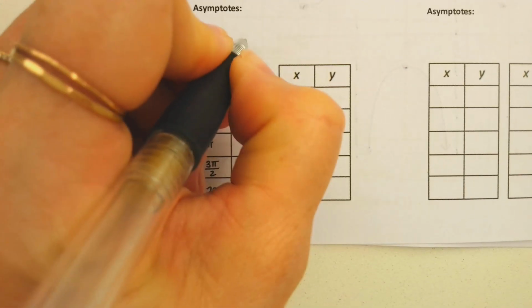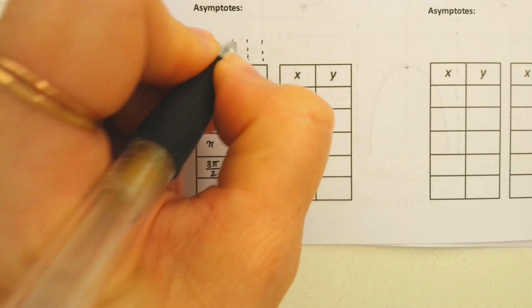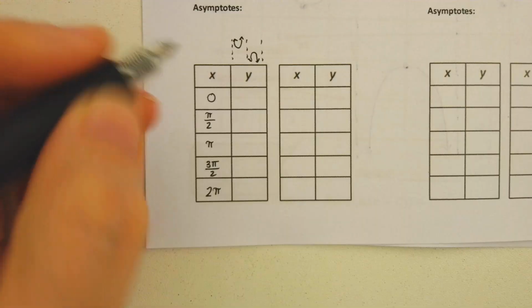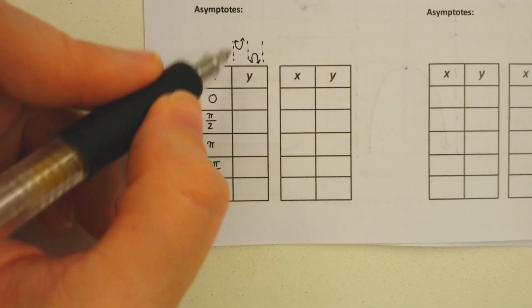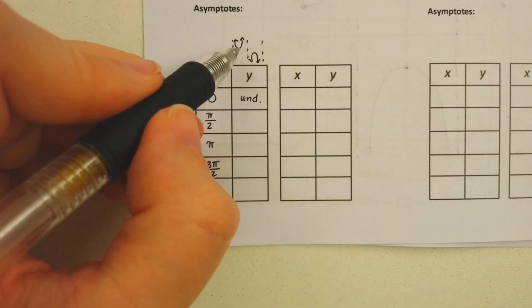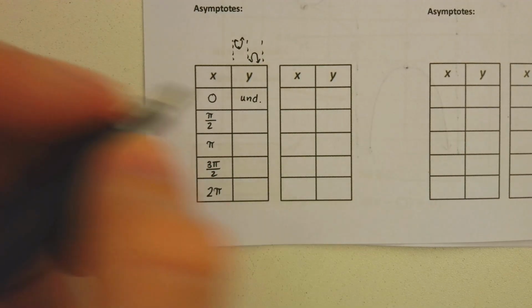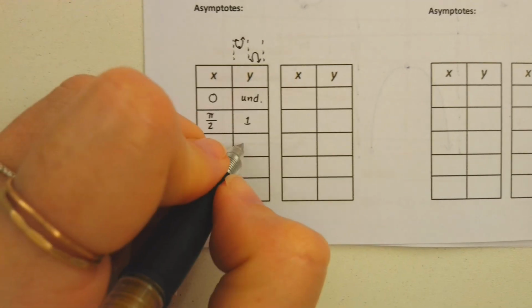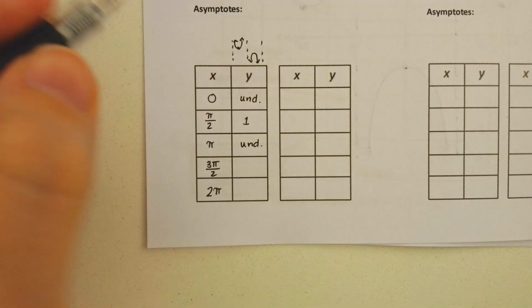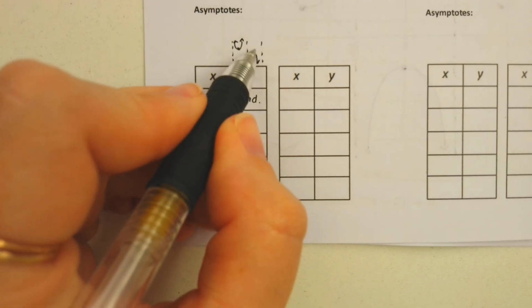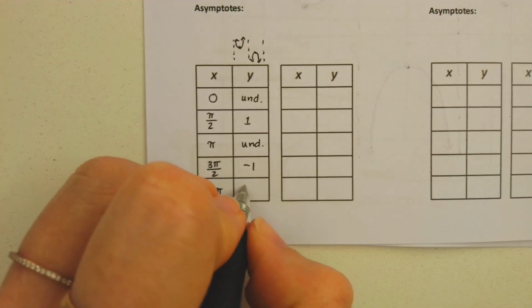It has 3 vertical asymptotes with one U shape facing up and one U shape facing down. So its first value would be undefined because of the vertical asymptote. Its second value would be +1. What's its third value? Undefined again, another vertical asymptote. Its fourth value is -1 because it has that point down here. And then its last value is undefined.